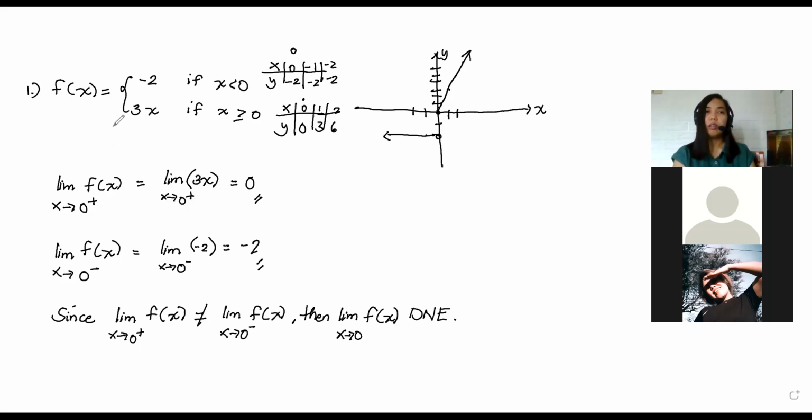If they are equal, then the limit of the given function as x approaches a exists. But since in this example they are not equal, even though the limits from the right and from the left exist, the limit of the function as x approaches 0 still does not exist. Is that clear? Yes po. So all conditions should be satisfied.